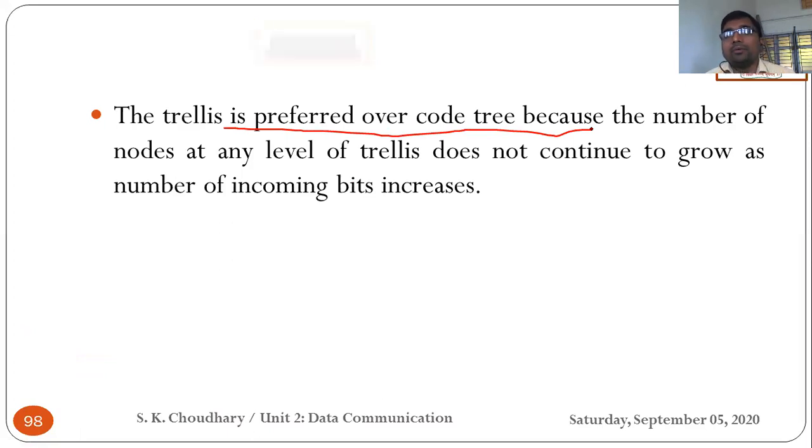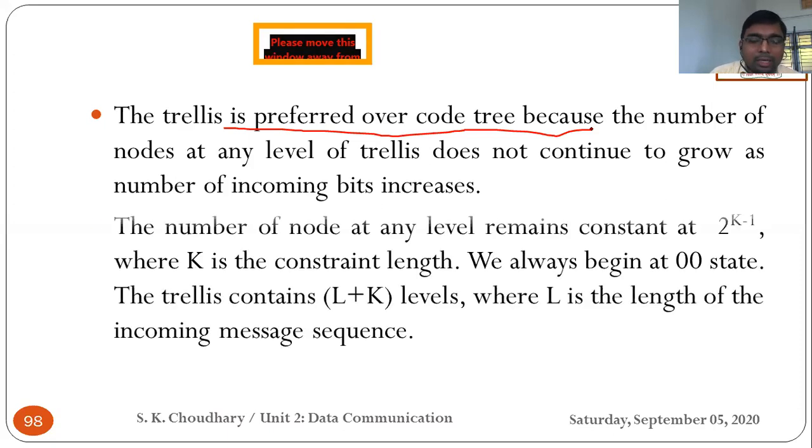In the tree diagram, if you remember, as time passes or as the number of incoming bits increases, your branches keep growing and growing, and it is an endless process. But in the case of trellis, it does not do so. Okay. So this is one of the advantages of the trellis diagram. It decreases your complexity.